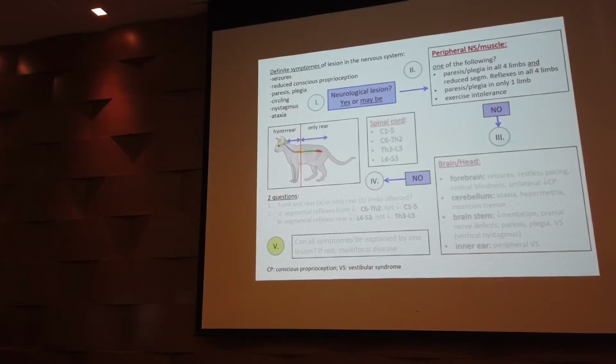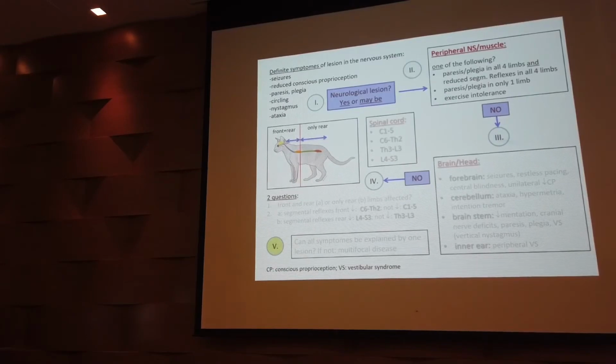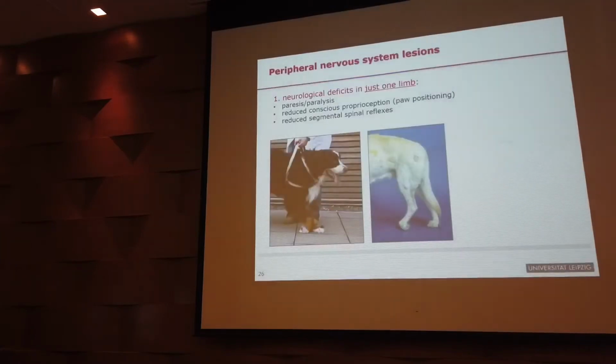If you have reduced motor function in all limbs, plus reduced segmental spinal reflexes in all limbs, it's a peripheral nervous system disease.